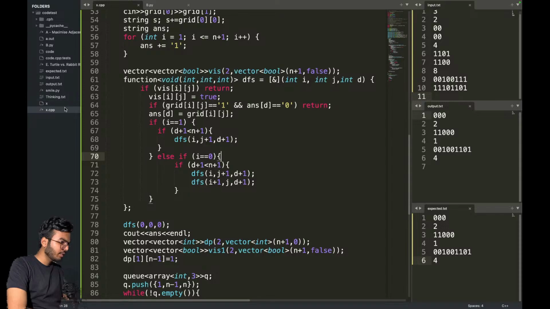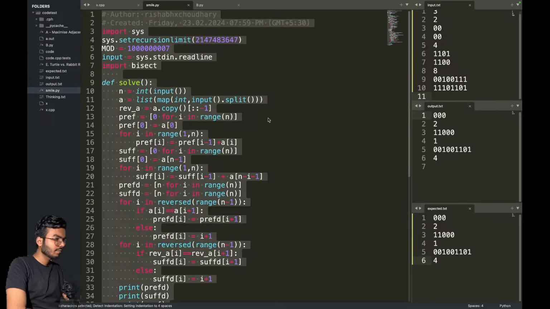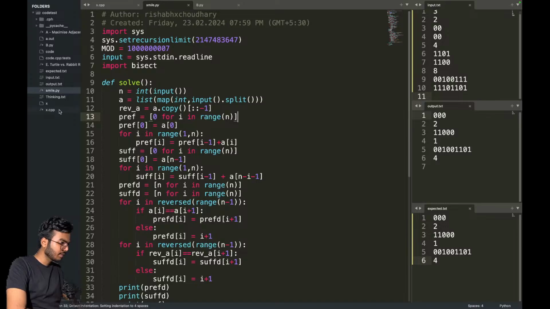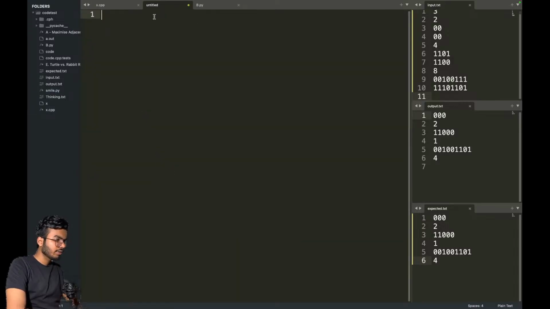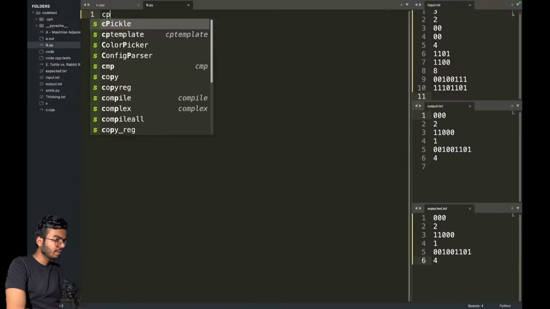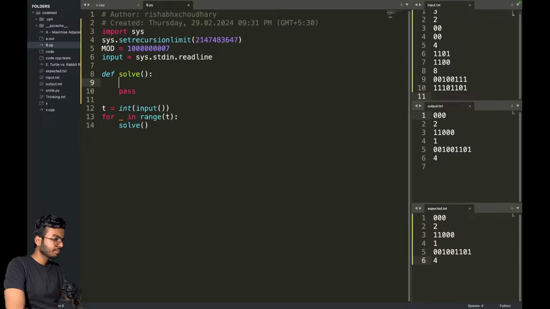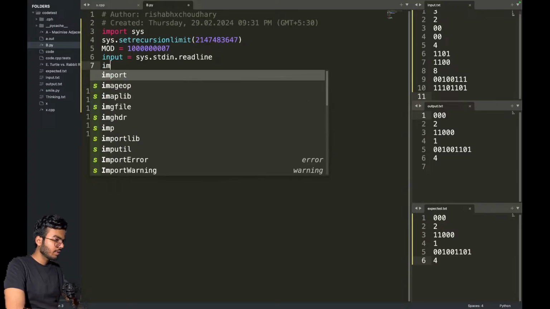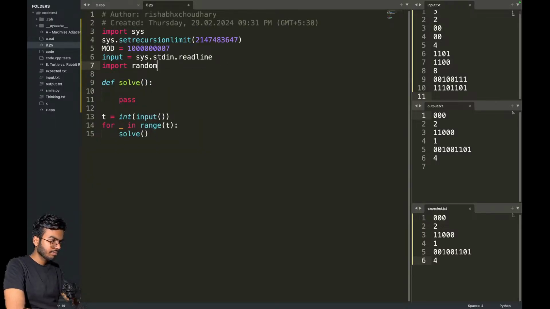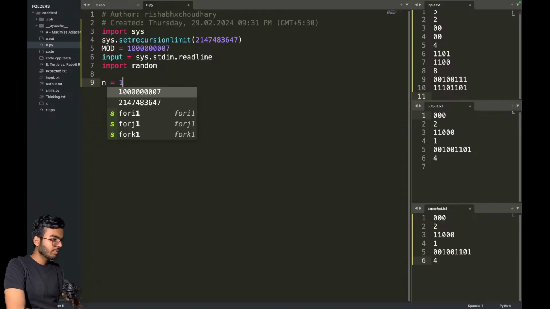So I will make a new file. Do I have a Python file here? Yeah, I don't want to remove this. So okay, I have a file b.py. So I will say import random. Okay, let's say for n equals to 10.